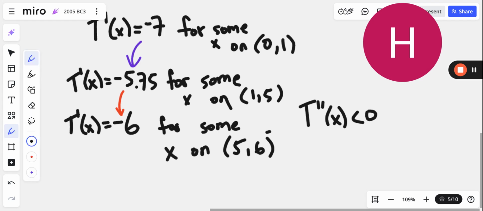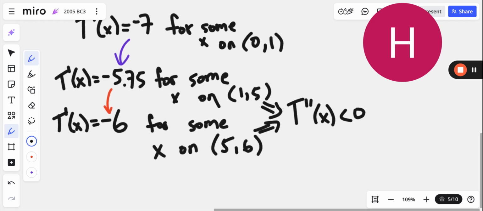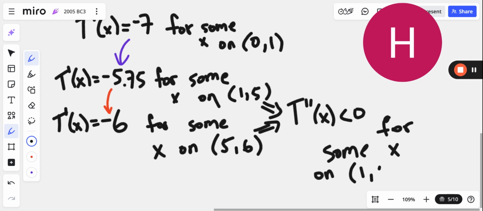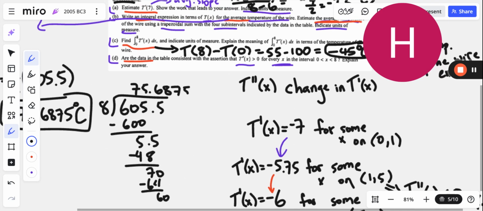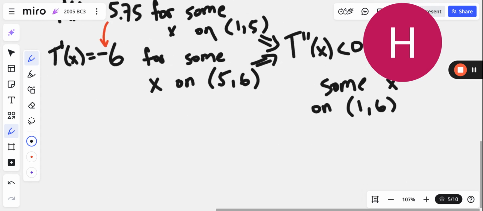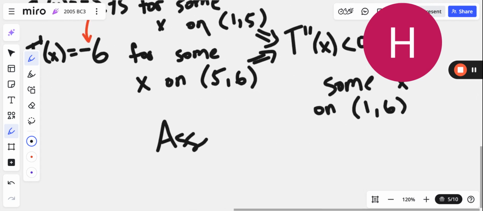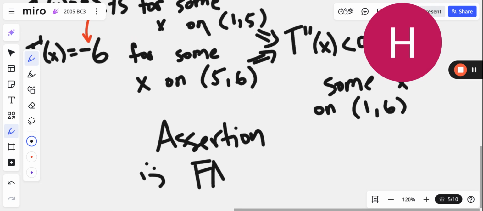Therefore, with those two combined, that means that t prime is negative for some x on the interval from 1 to 6. We don't really know where, but somewhere on there. So this is false. Assertion is false. Falso.